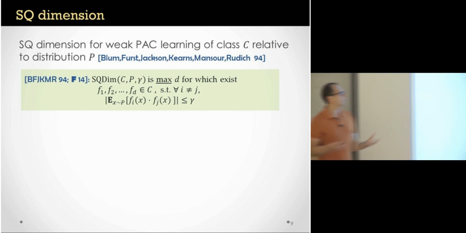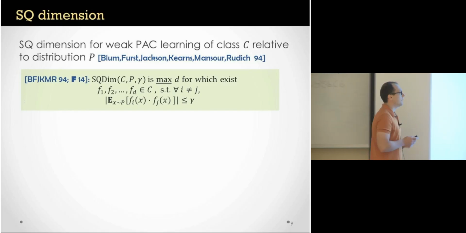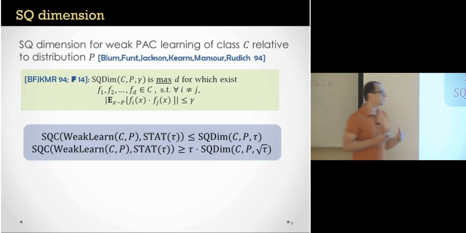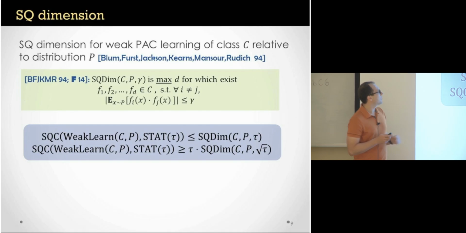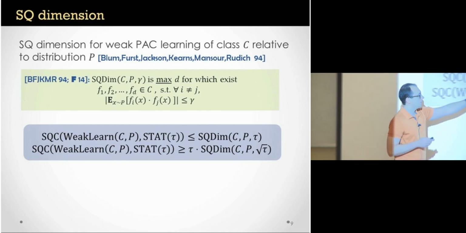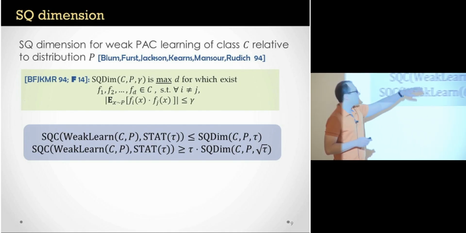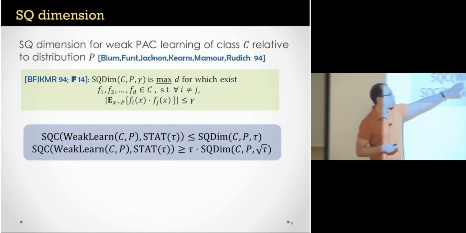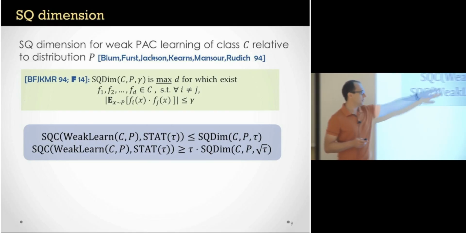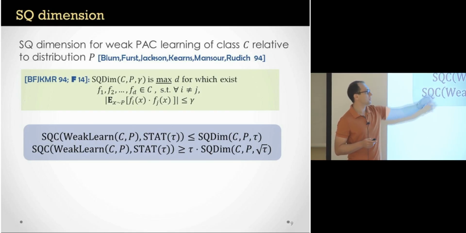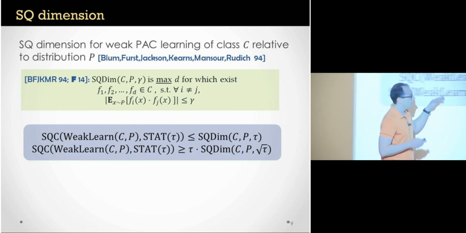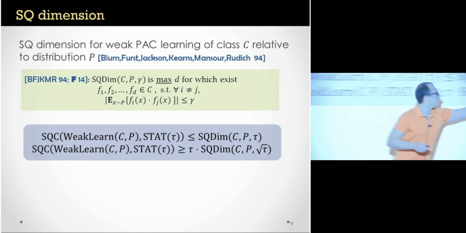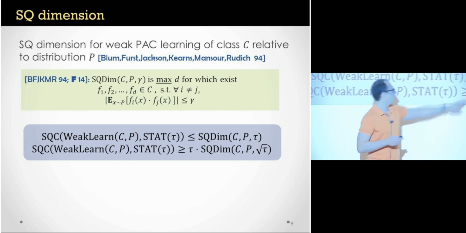So there is a large number of uncorrelated functions, and for this notion, they show, in a slight refinement from later work, that this dimension lower bounds the statistical query complexity of weak learning of this class with parameter tau, which corresponds to exactly this correlation, and it also gives a lower bound which is nearly tight up to maybe a square root in the parameter tau, an additional factor.